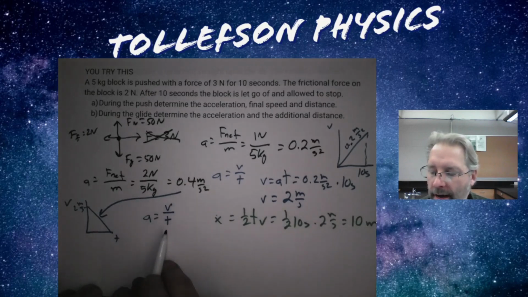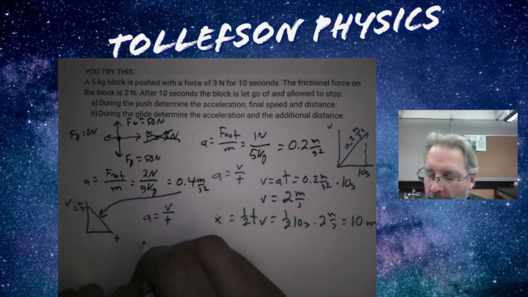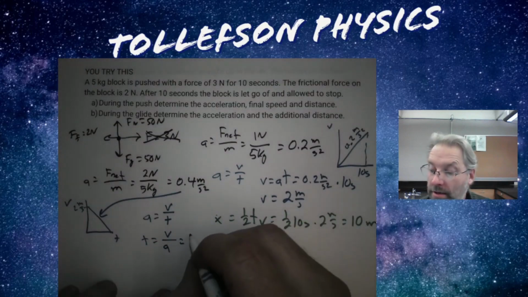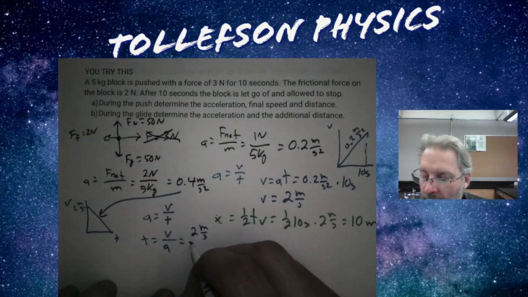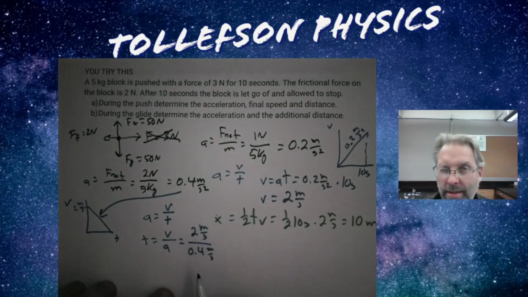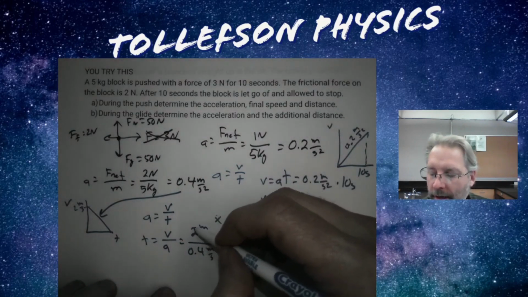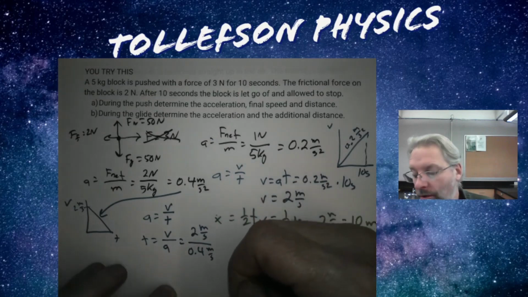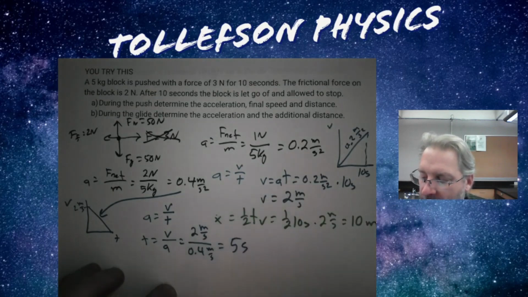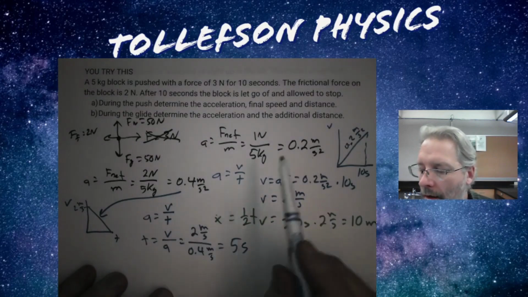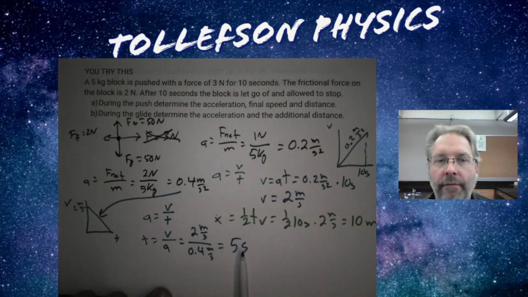This time I want to know time, so I can actually switch the position of A and T by way of cross multiplying. So that ends up being the velocity divided by the acceleration. So what's my change in velocity in this case? It's 2 meters per second. What's my acceleration? It's 0.4 meters per second squared, which is the same as 2/5. And so 2 divided by 2/5, it's like multiplying 2 times 5 and then dividing by 2. So the time actually ends up being 5 seconds, which kind of makes sense, right? My acceleration is twice as big as it was before, and so now the time is half.